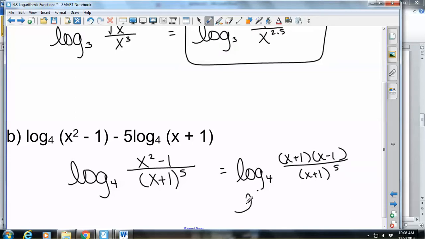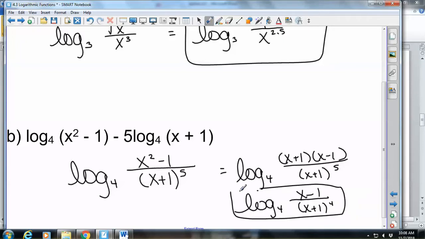What happens then? Subtract. Yeah, you can cancel one of your x plus 1s, so you get x minus 1 over x plus 1 to the 4th. So when you're condensing, sometimes there is some simplifying that can go along with it.